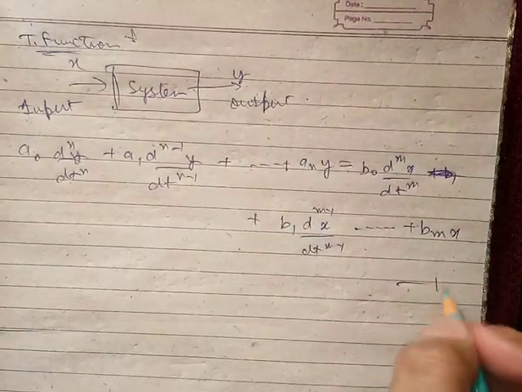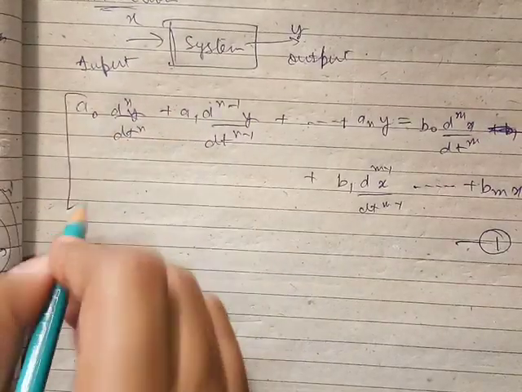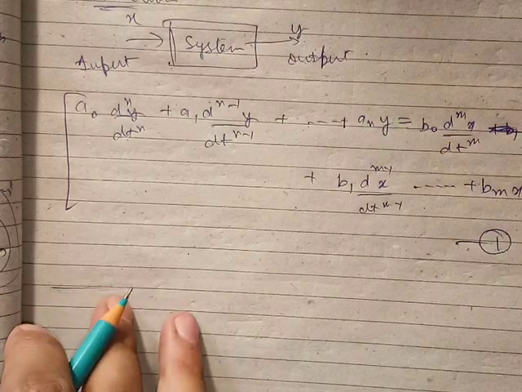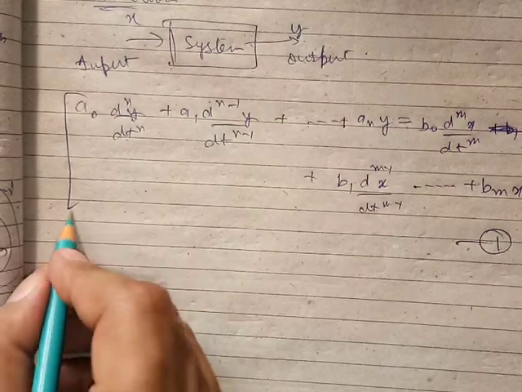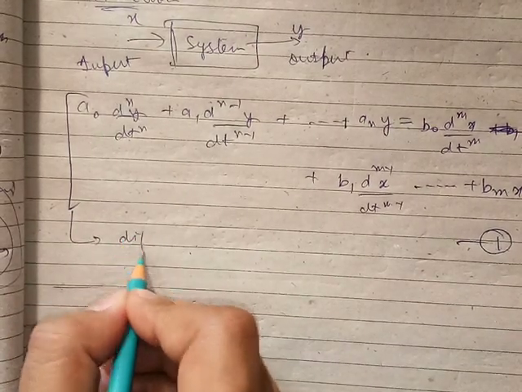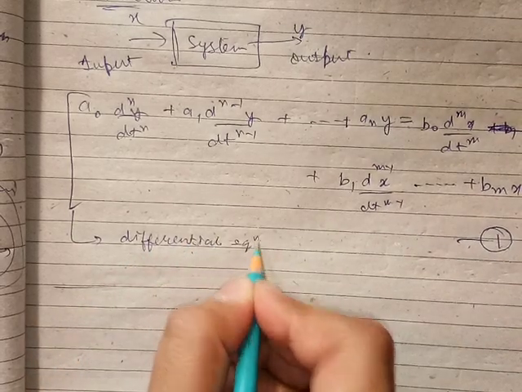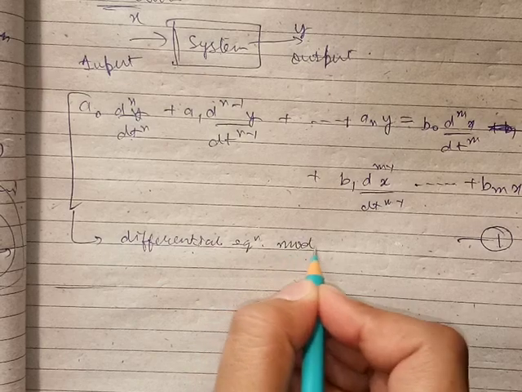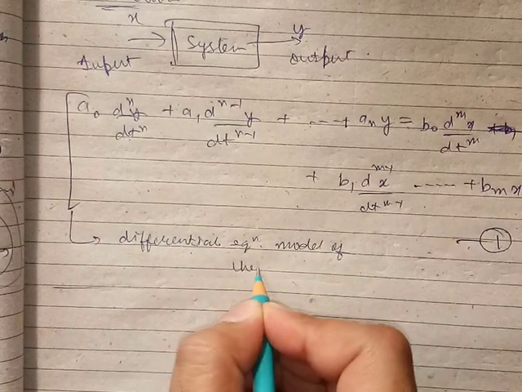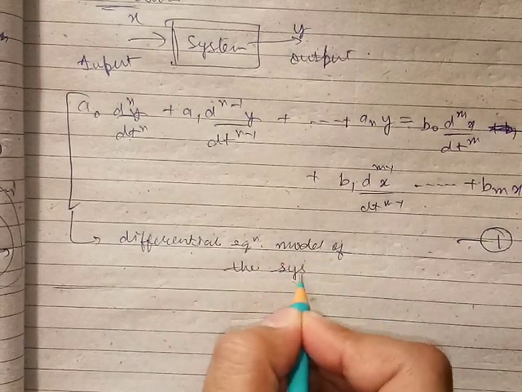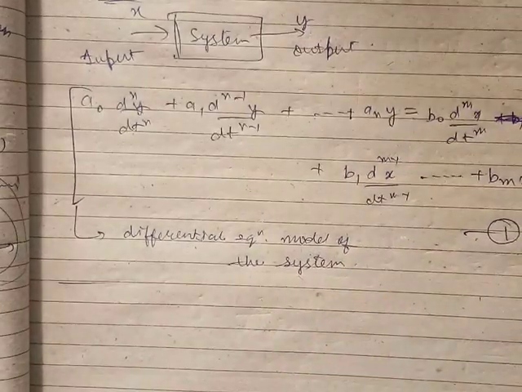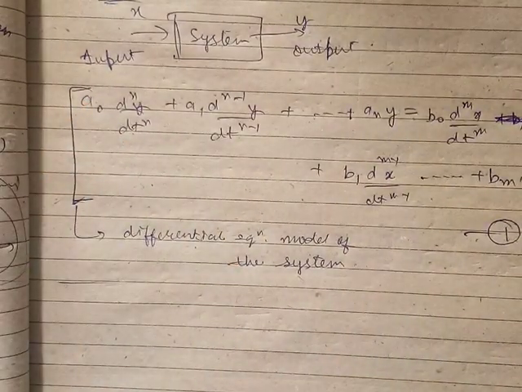This is equation 1, right? What is this? This is the differential equation model of the system, right?